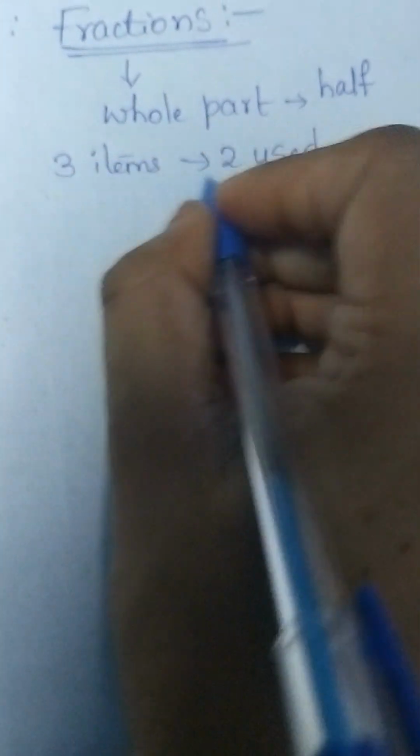A fraction is nothing but a whole part divided into parts. Okay children, if you have 3 items in your basket and you have used 2, then how will we write this? 2 by 3.